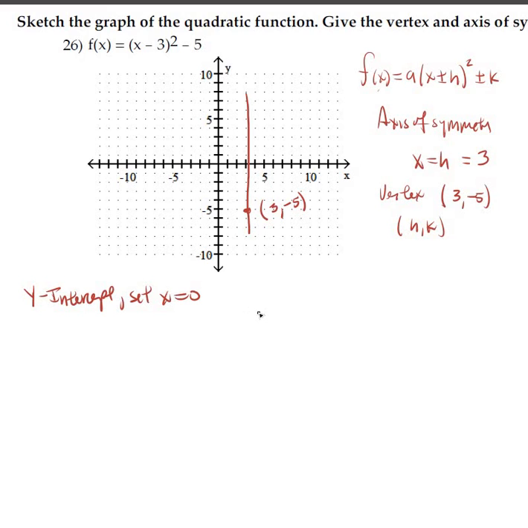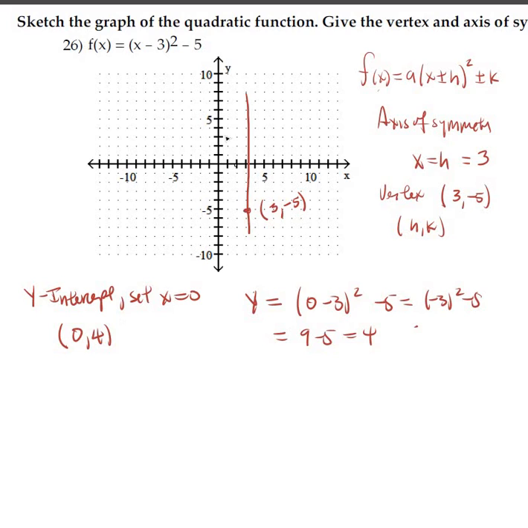So when x is equal to 0, you have y is equal to what? 0 minus 3 squared minus 5. So this is basically -3 squared minus 5, or +9 minus 5, which is 4. So we have that the y-intercept is when x is 0, y is 4.